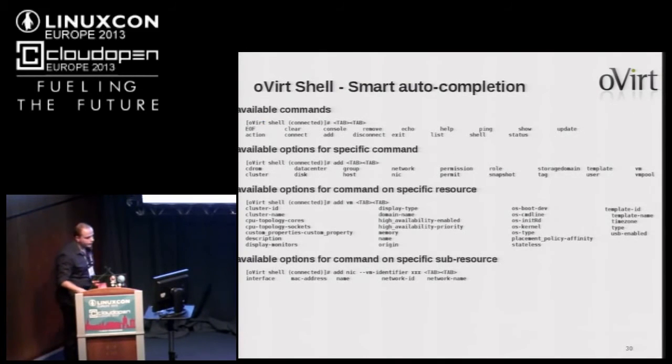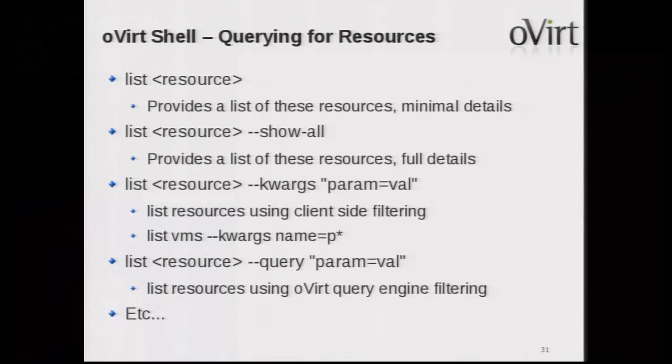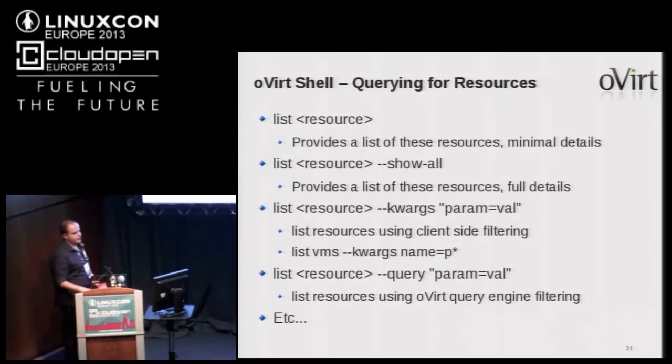Okay, I have some more examples in the slides. If you list a specific collection, list VMs for example, you can choose to show all the properties.